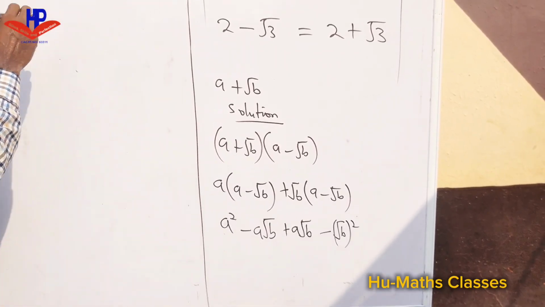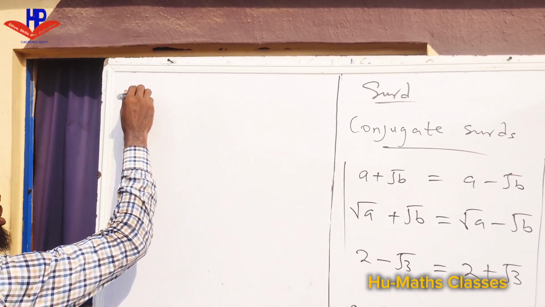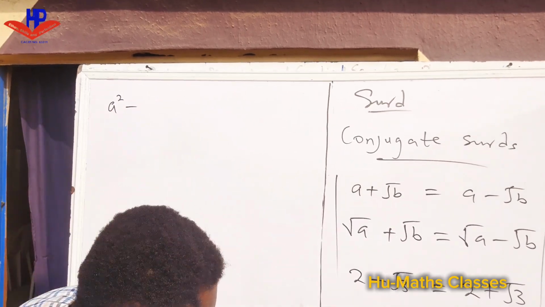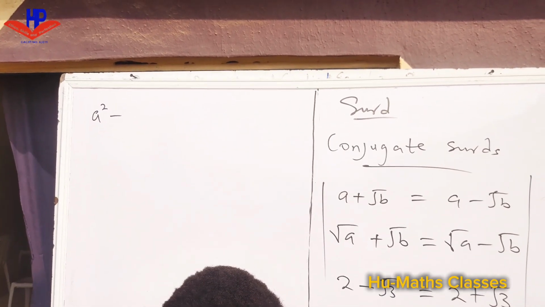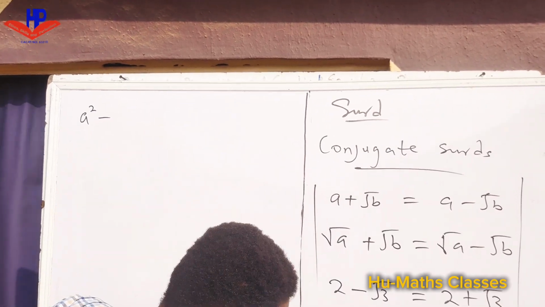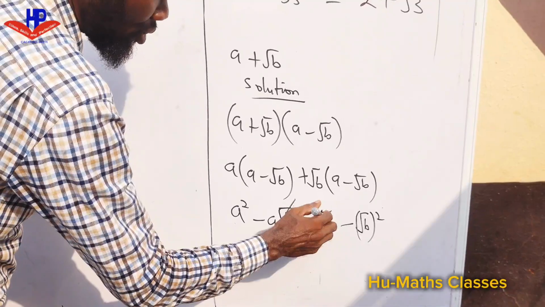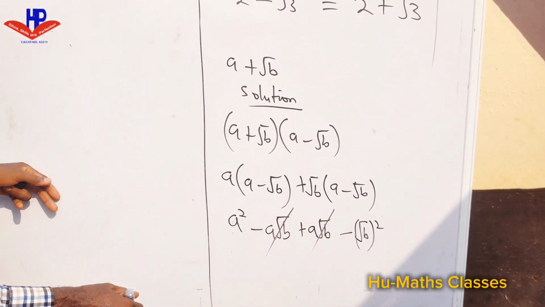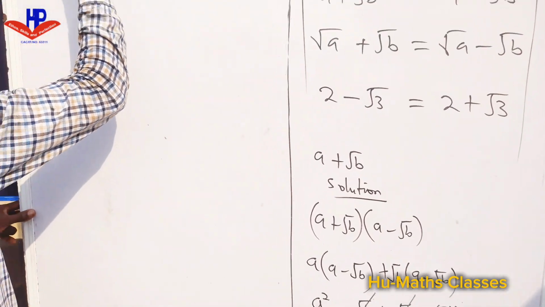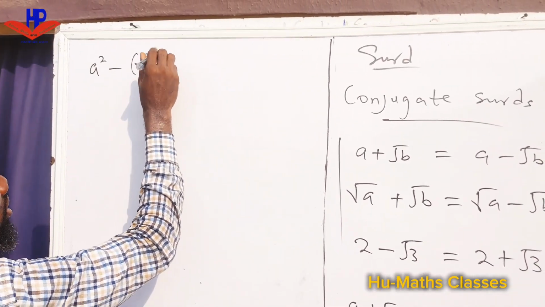So we have a raised to power 2, minus a root b plus a root b. They will cancel themselves out. It's like saying you're owing somebody minus a root b and you have plus a root b. When you give out, there's nothing left with you. So we have a squared minus root b all squared.